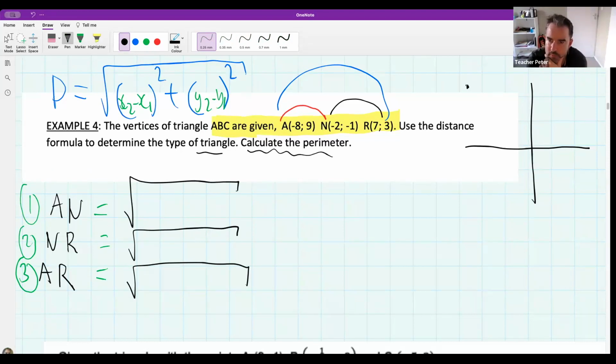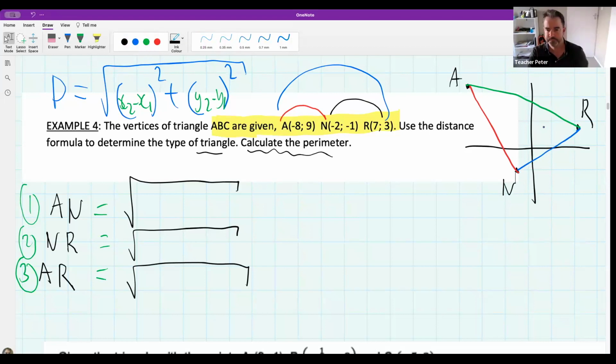So, A. So if I'm doing a rough sketch drawing, it would look something like that. Okay, it's been a while since we've used the distance formula, but it's always good to recap.